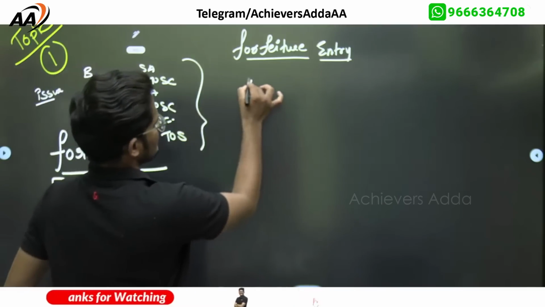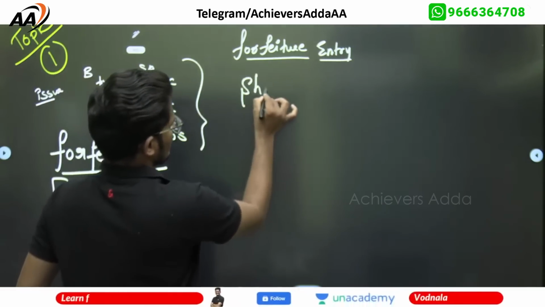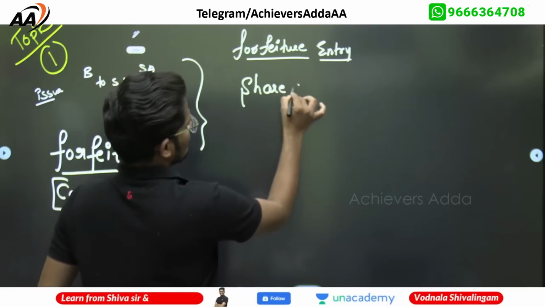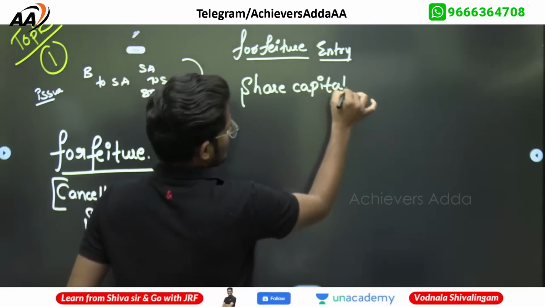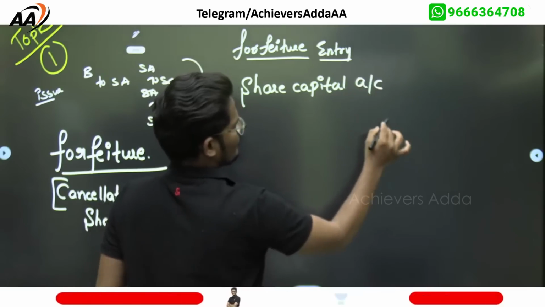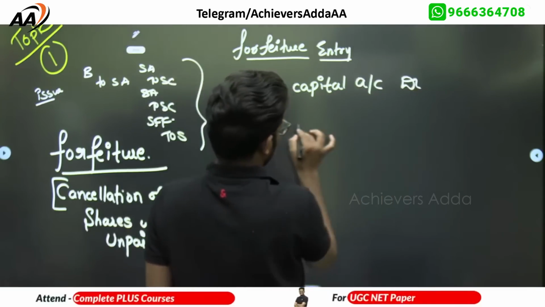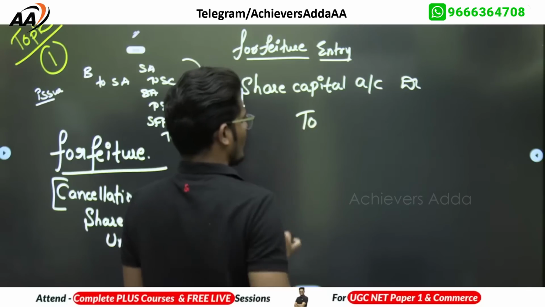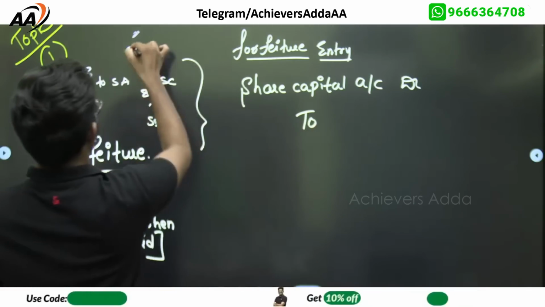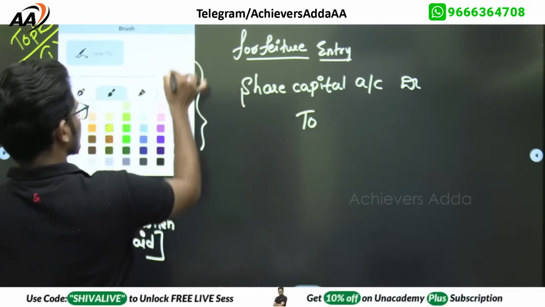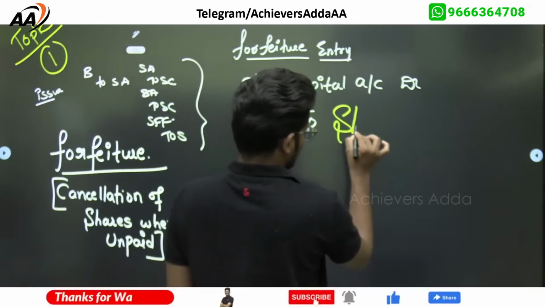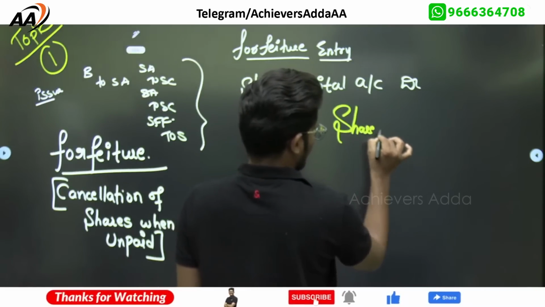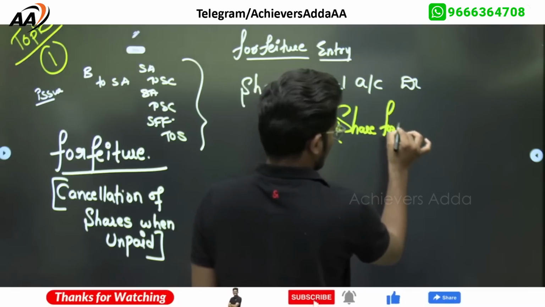In all the cases, share capital was credited. Now share capital will be debited. Share capital account debit, to share forfeiture account.